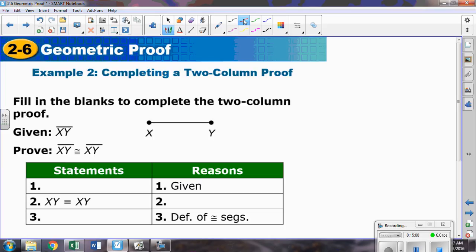Basically, let's fill in the blanks. We are given a segment xy, and we want to prove xy is congruent to xy. You'll remember that this piece is called the reflexive property.